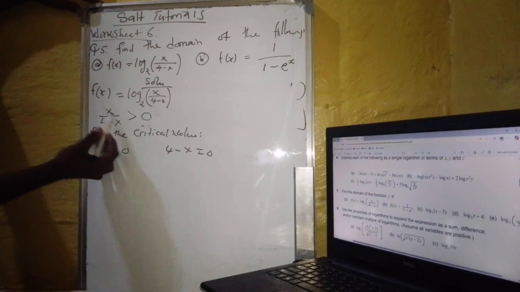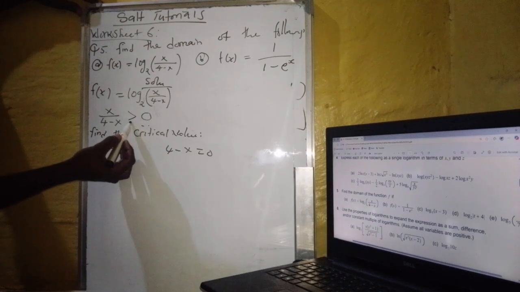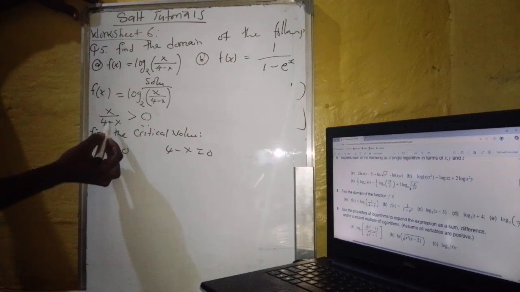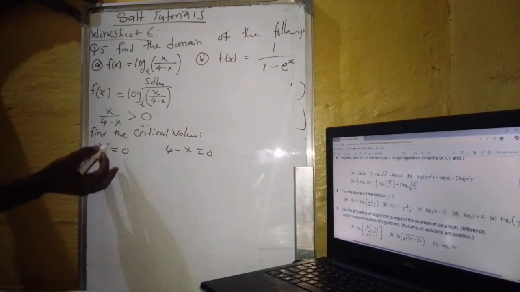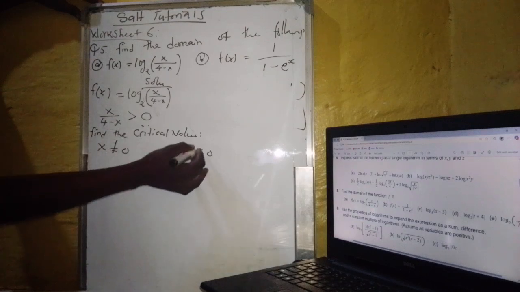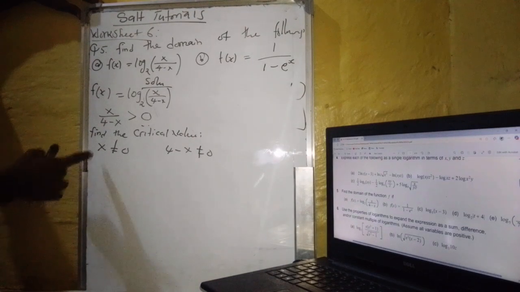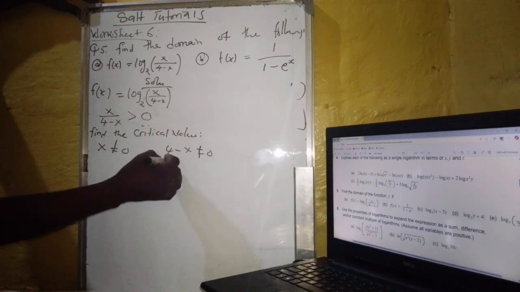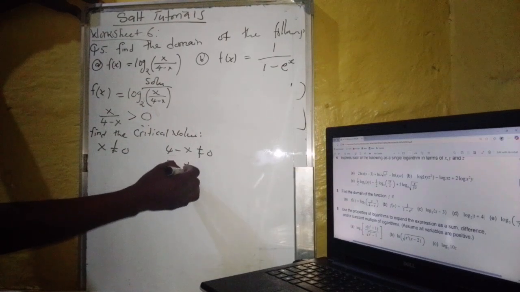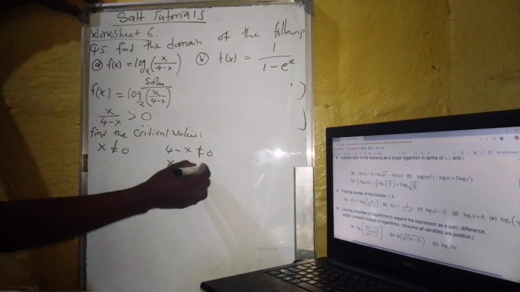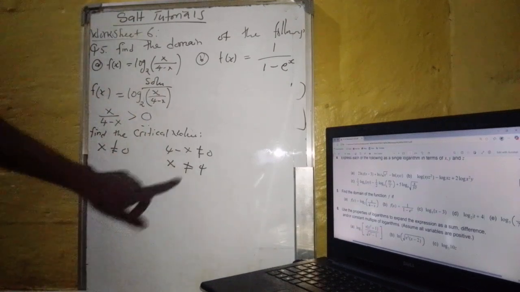The same x should not be equal to 0 because there's no equal to sign; it's just greater than. So for this inequality to be satisfied, x should not be 0 and 4 minus x should not be 0. So the first critical value, x should not be 0, and the other critical value, when it crosses to the other side, x should not be 4 when you solve for x there.